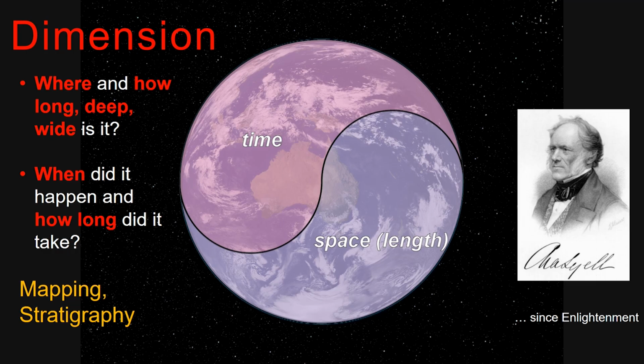And in terms of time, the question is, when did things happen and how long did they take? From this came mapping and stratigraphy, and we've done that since the times of the Enlightenment, probably. As an example, Charles Lyell formalizing stratigraphy, that's a great example. So the dimensions of time and space are another way of looking at Earth.